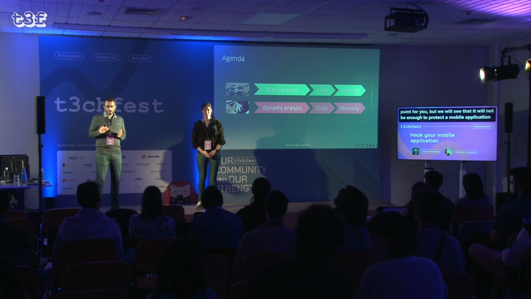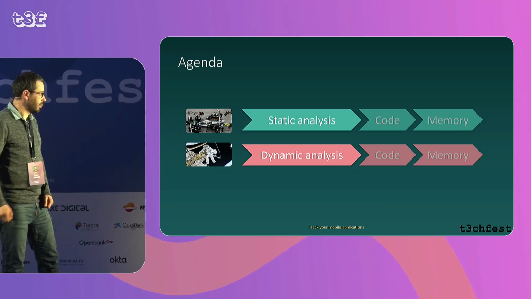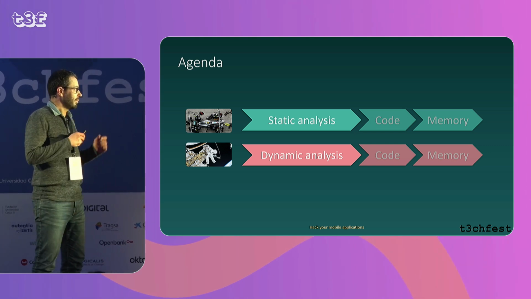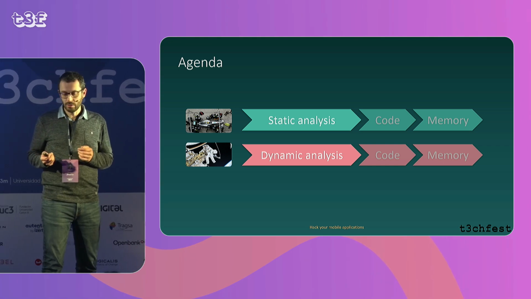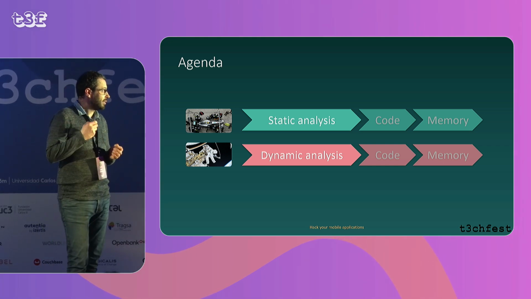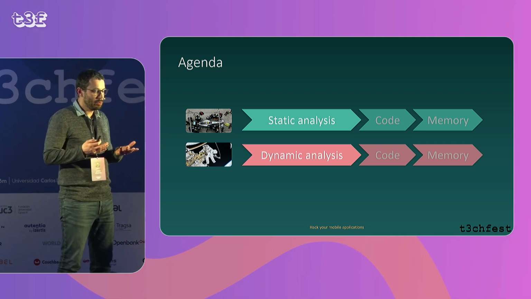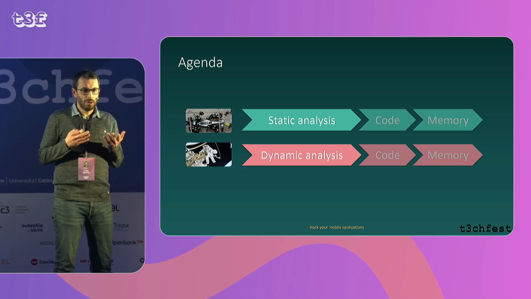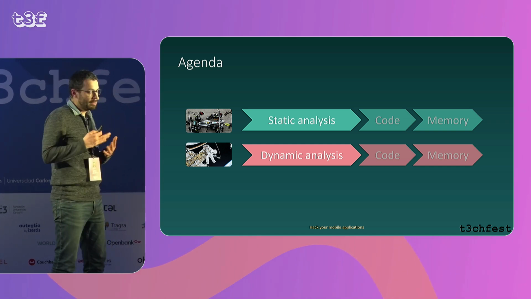I will show you two different methods to hack your mobile application. The first method we call static analysis, and the second dynamic analysis. What is the difference? With static analysis, you have the application in your hands, on your computer, but it is not running.